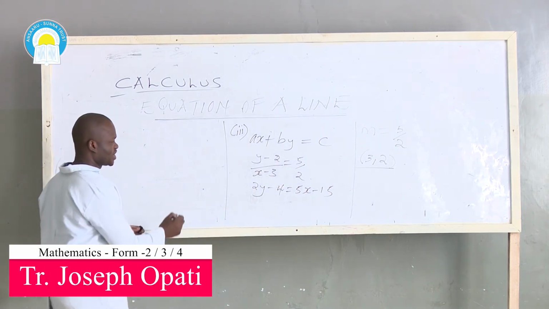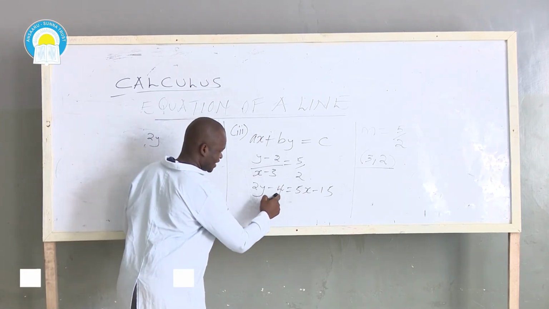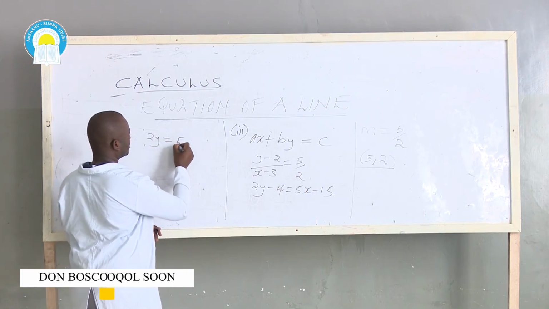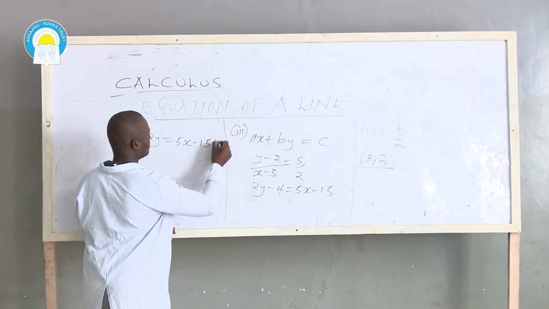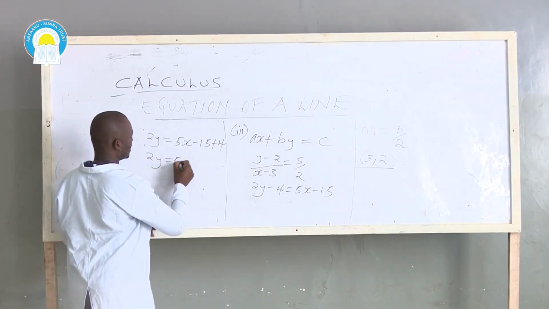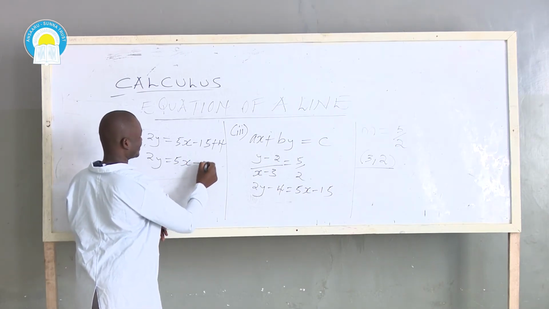Then we shall have 2y, taking this constant the other side, is equal to 5x minus 15 plus 4. So we are here, 2y is equal to 5x minus 11.